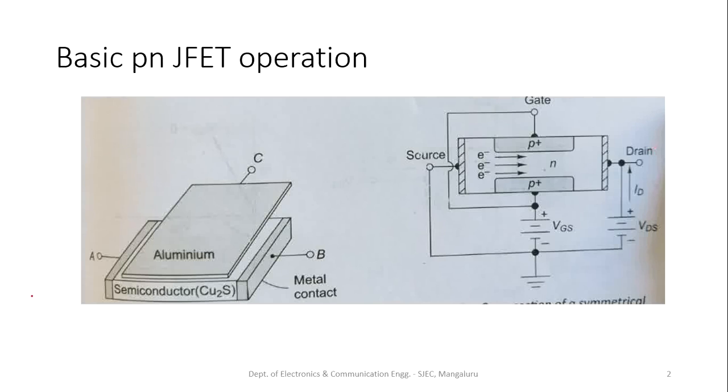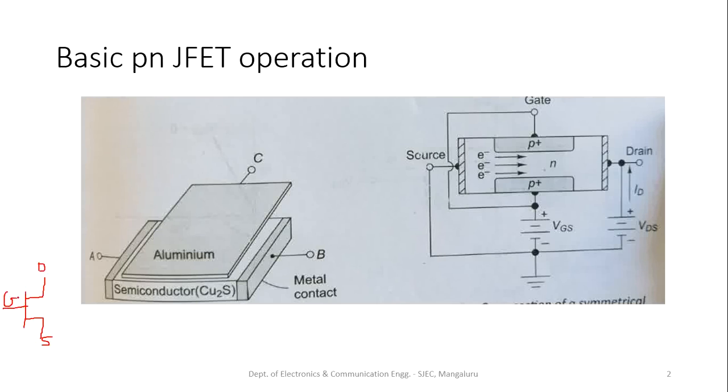Giving the symbol of the junction field effect transistor, it has three terminals like this. Over here we have the gate terminal, and then the other two terminals: the drain terminal and the source terminal.